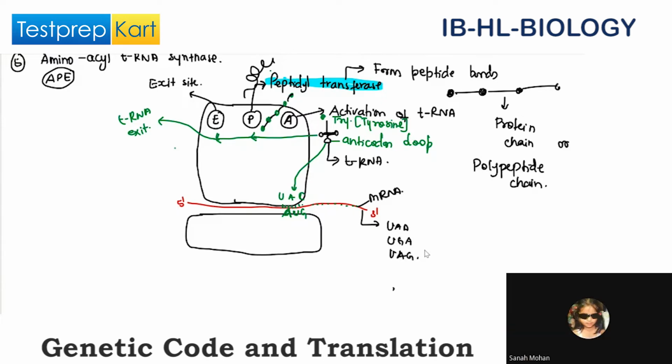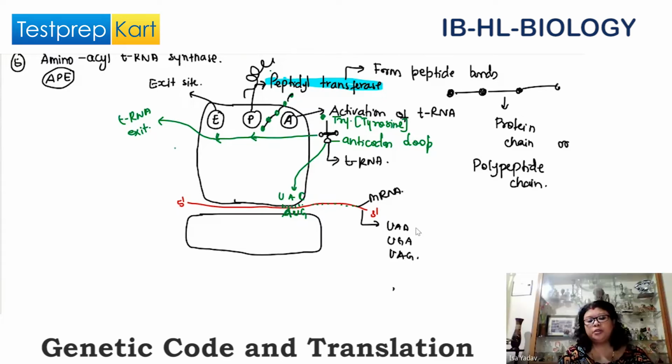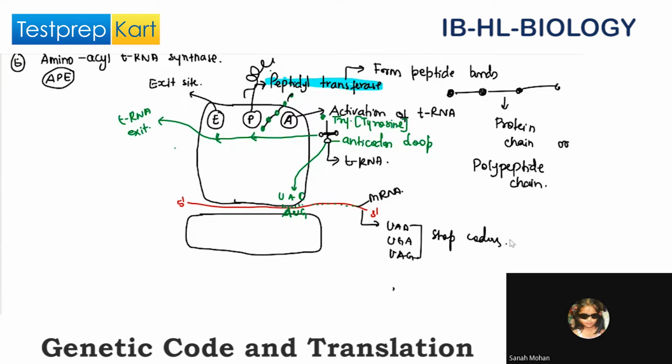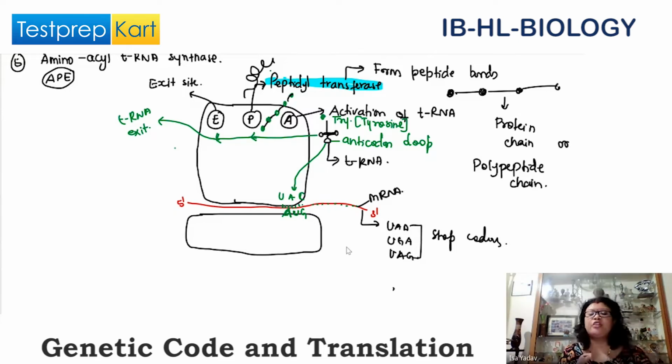The moment tRNA reads any three of these stop codons, it means the tRNA understands: I don't have to form any more amino acids, I'm free to go. That means this is the termination. The presence of the stop codon indicates the termination of translation.